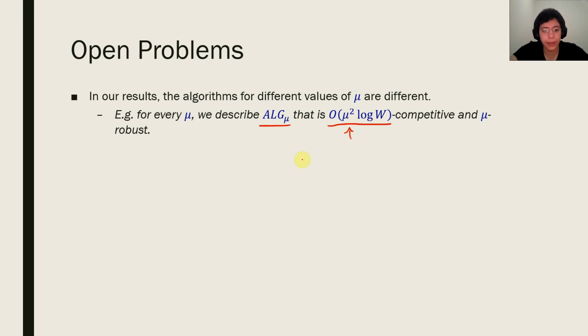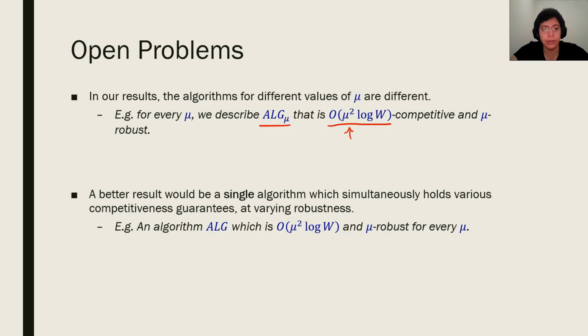But if we don't know mu, then choosing the incorrect mu could either lead to a lack of competitiveness due to a faulty analysis because we have underestimated the distortion factor, or if we overestimate the distortion factor, we could lose in competitiveness because our algorithm is calibrated for more distortion than is going to occur.